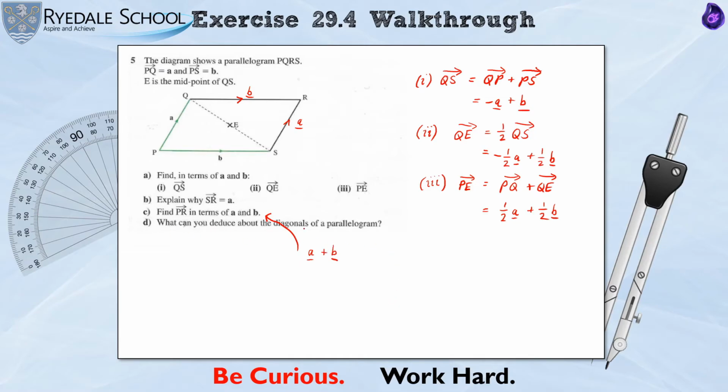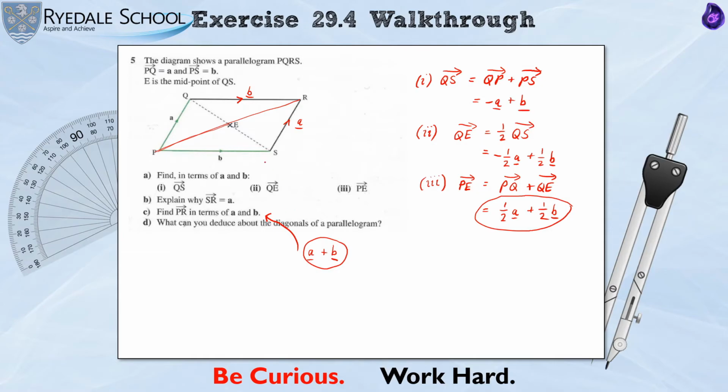It then says what can you deduce, what can you figure out about the diagonals of a parallelogram. Now this might be a property that you already know, but if you look at that one, which was P to E, and if you look at that one, which was P to R, you will see it's that one chopped in half.